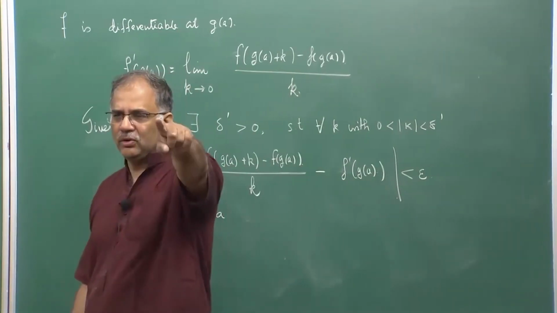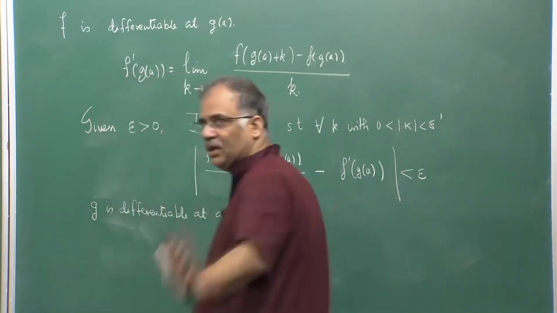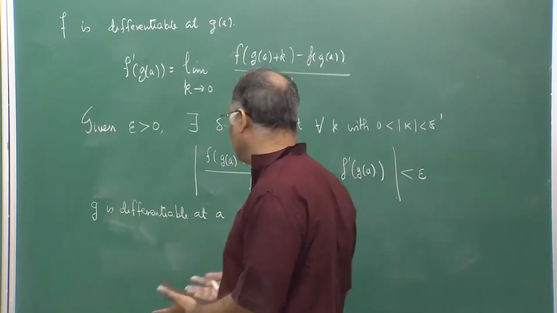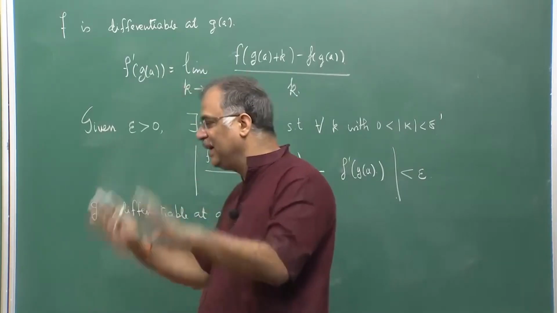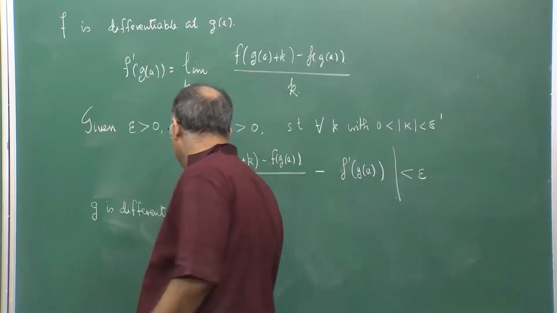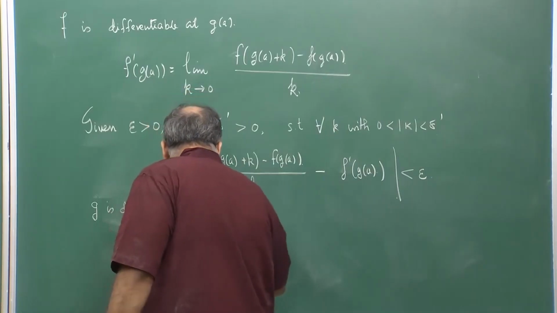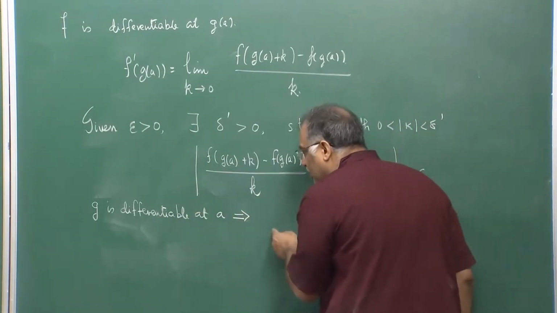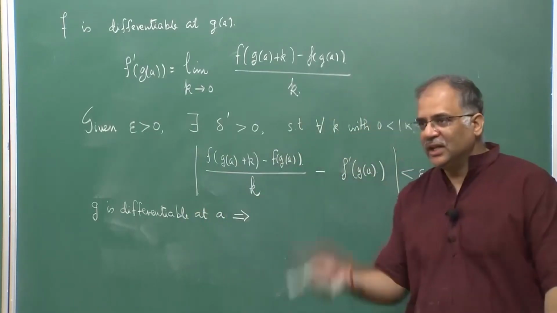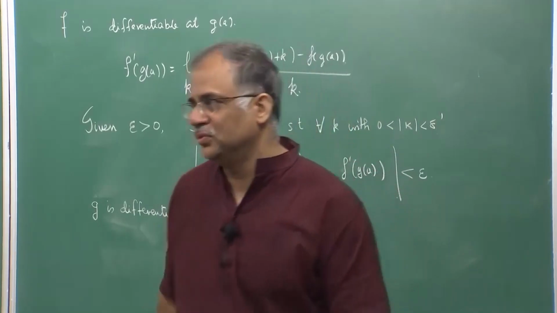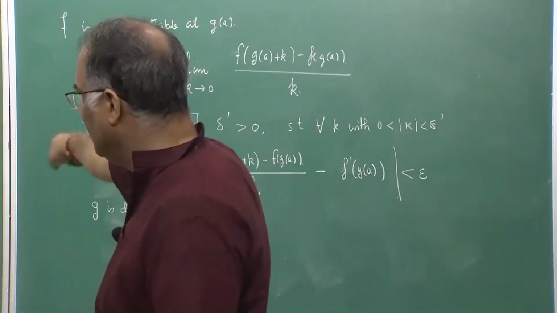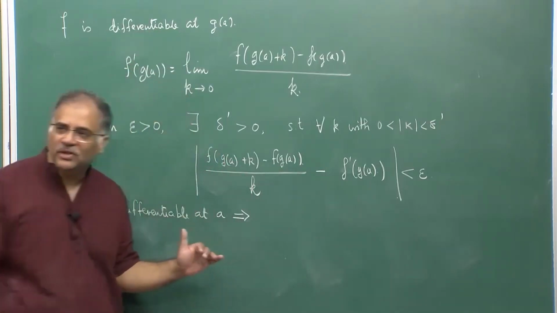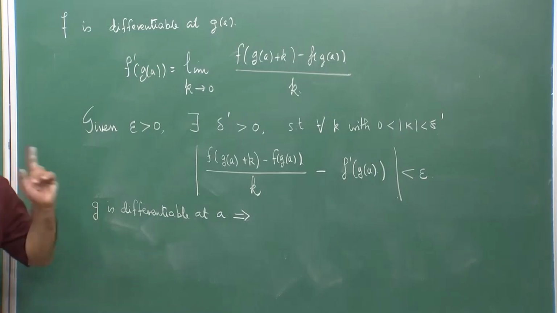I told all of you to try this at home; those who are watching this video should try that at home, because without trying you will not get anywhere, and that is the most important thing. So, G is differentiable at A, this is the crux. Here you are using an important fact that whenever G is differentiable at A, G is continuous at A. This is the crux of this whole proof that phi is continuous at 0. If you want to make it rigorous, this is the crux. If you just use the differentiability definition of G, you would not get anywhere.